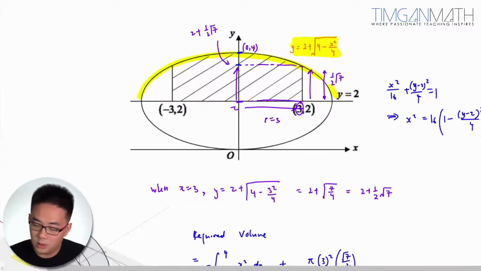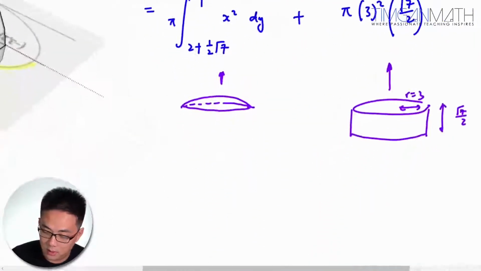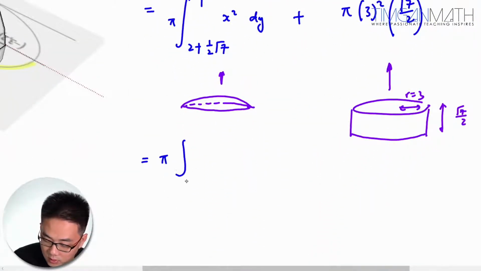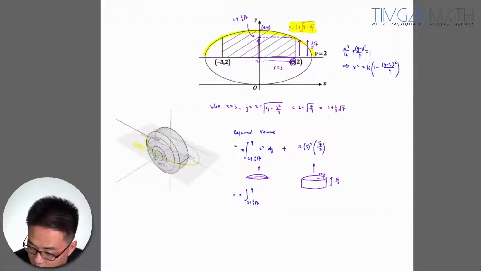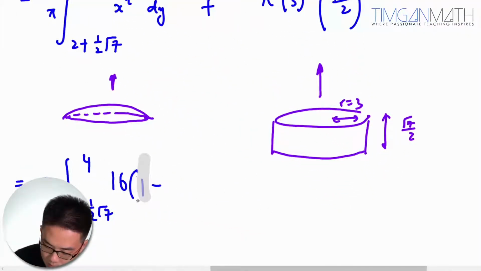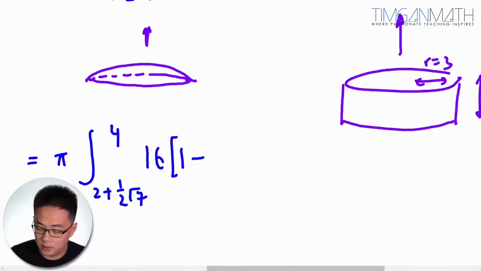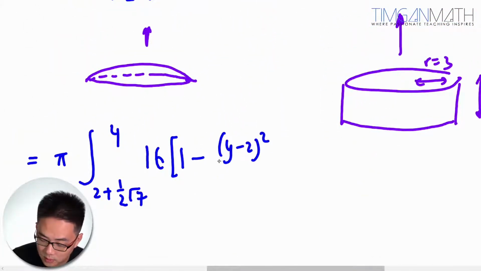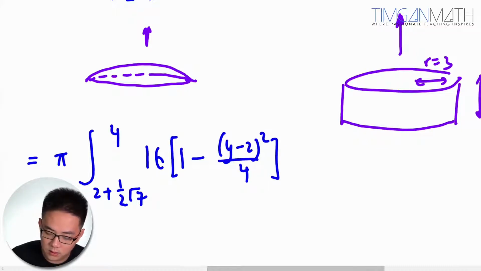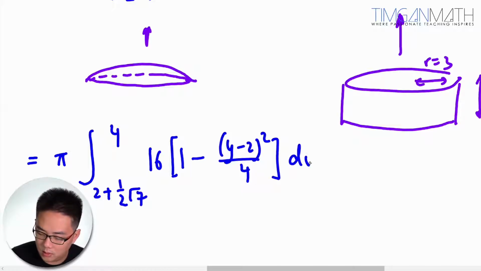Great. So once you get that ready, what you're going to do is just put in the equation here: from 2 plus half root 7 to 4, x squared will be 16 times 1 minus y minus 2 squared over 4, dy.